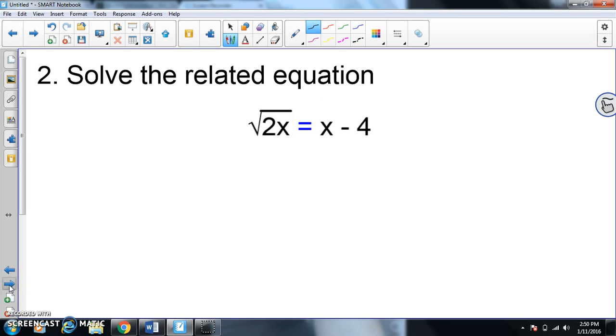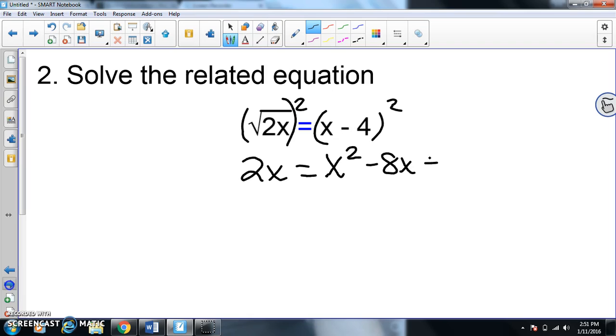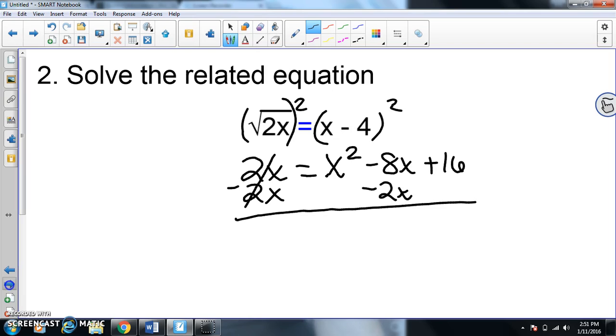Step 2, I'm now switching that inequality sign to an equal sign and solving for x. So I am squaring both sides to get rid of my isolated radical. I have 2x is equal to x minus 4 squared, which is the same thing as x squared minus 8x plus 16. Since I have a power higher than 1, I am moving all of my terms to one side and factoring.